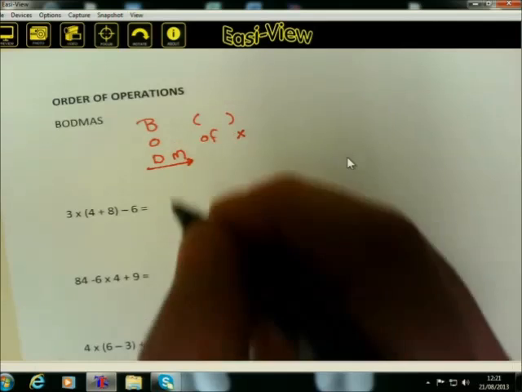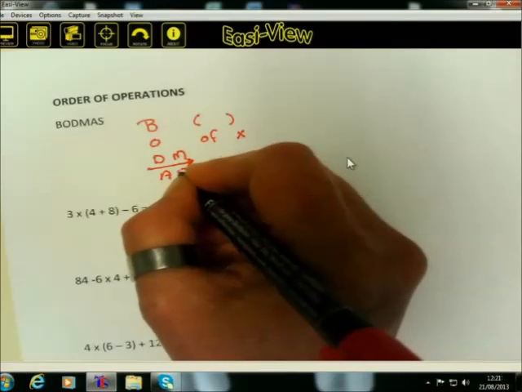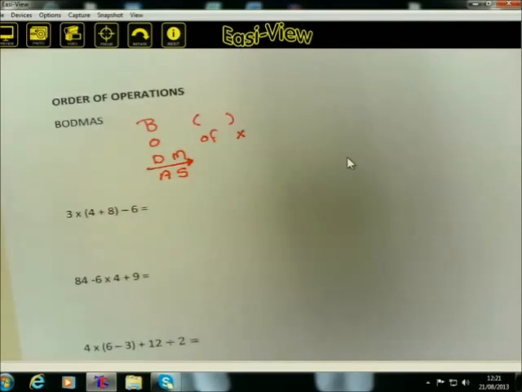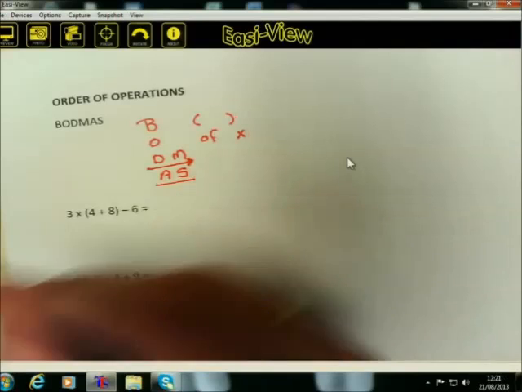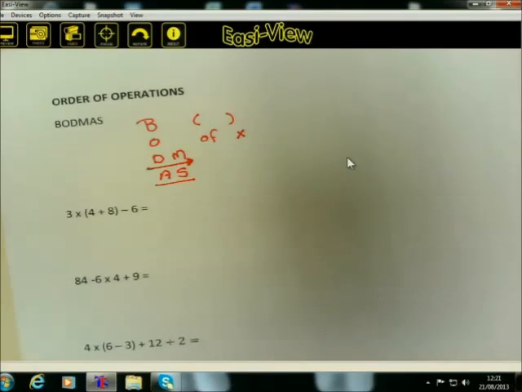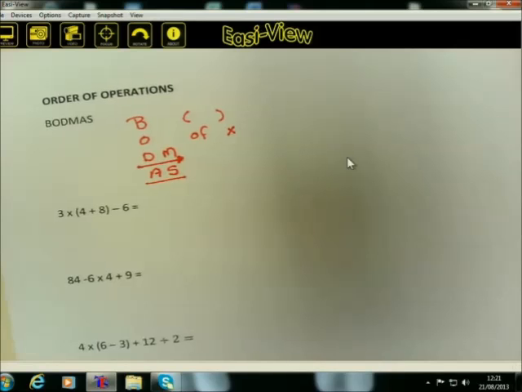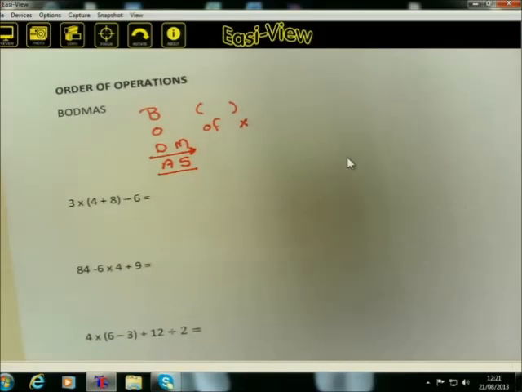The next is addition and subtraction. You will see I again write them one next to the other and not one after the other. The reason being, again, addition and subtraction are done simultaneously as we find them from left to right in the calculation. Okay, let me practice a few with you, then I'll give you some to do.